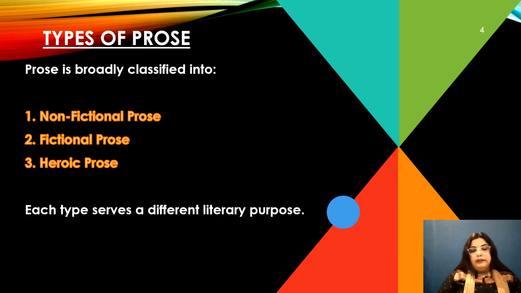We'll read these topics in detail also. Then, fictional prose is based on imagination, imaginative stories. Then the other type of prose is heroic prose, which talks about legends, heroes, and the story of their courage and adventures. Each type serves a different literary purpose.